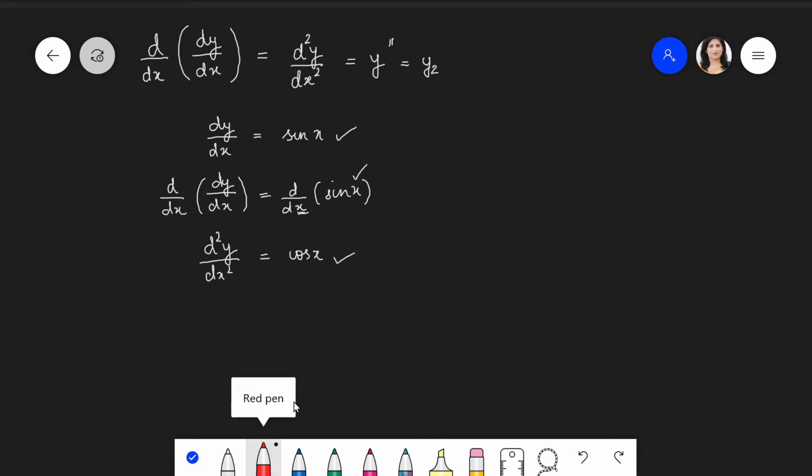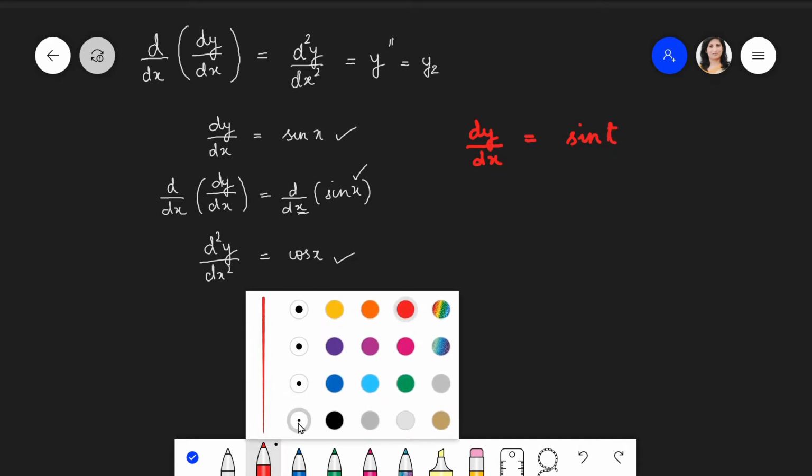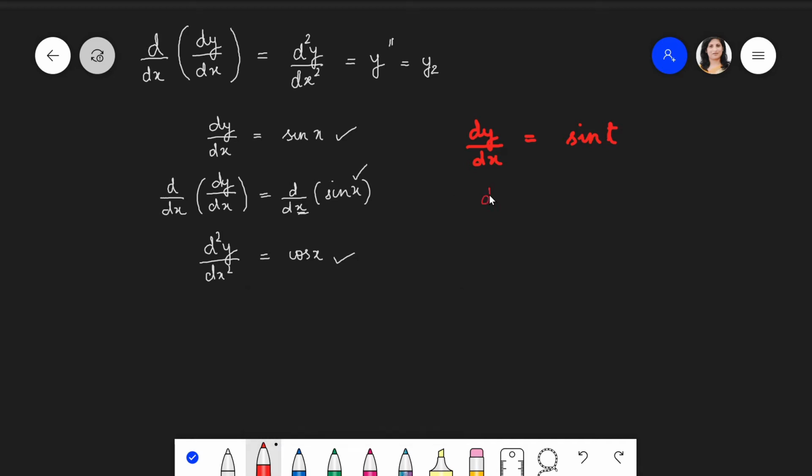Now suppose our first order derivative was sin t, and we want to differentiate both sides with respect to x.